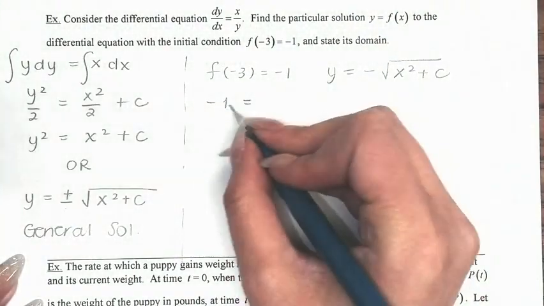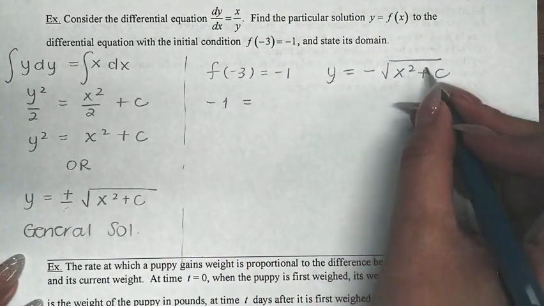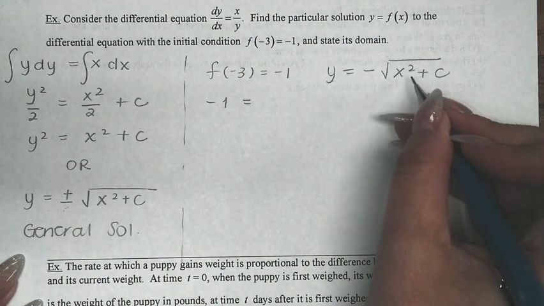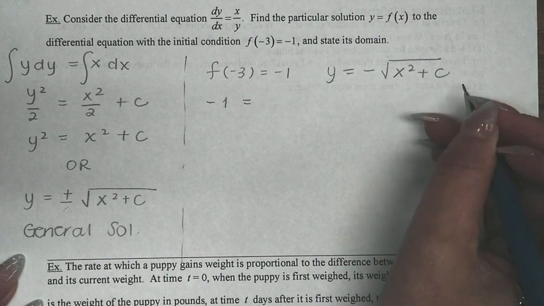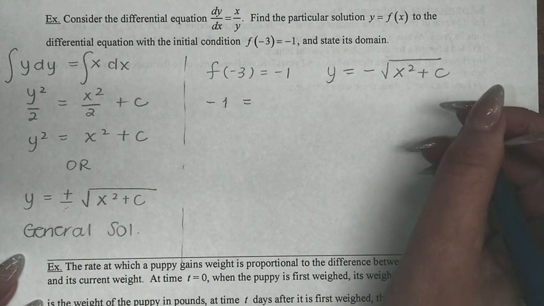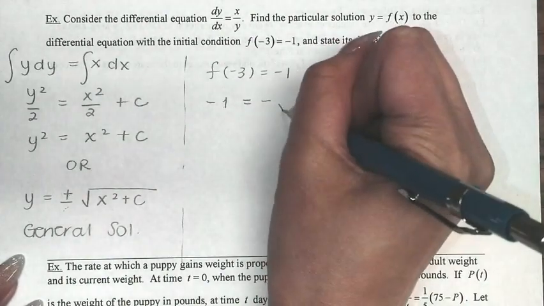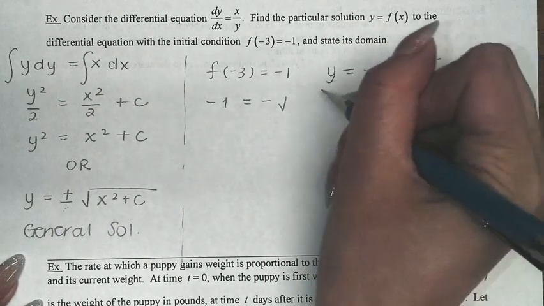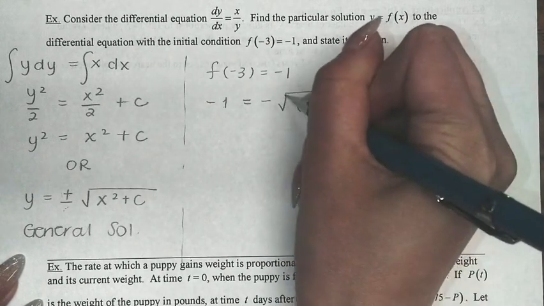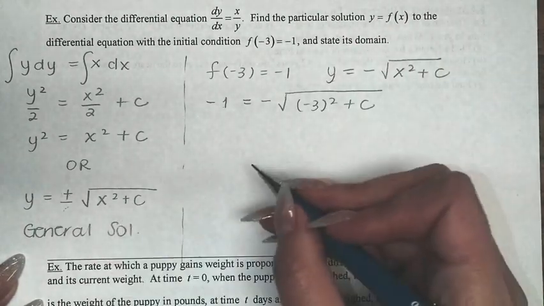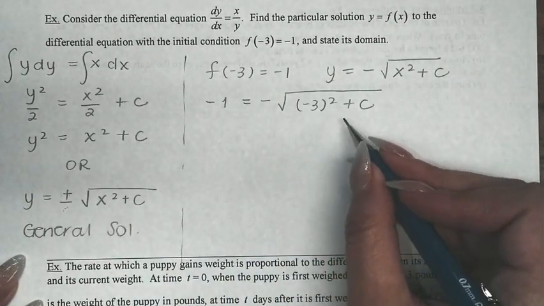Why? Because you are going to equalize it to something negative. You know that the inside of the square root must be greater than or equal to 0 from algebra 2. With this being said, it's negative square root, and then you would plug in here the -3 squared plus c, okay? Please remember that I use this one as my general solution, so I'm going to keep being consistent with that.